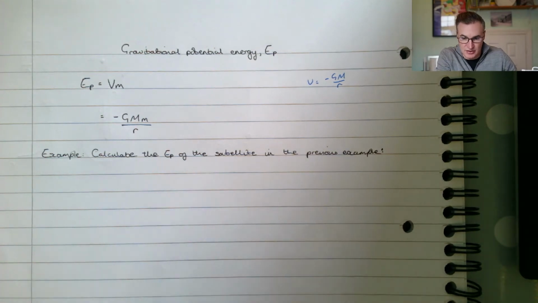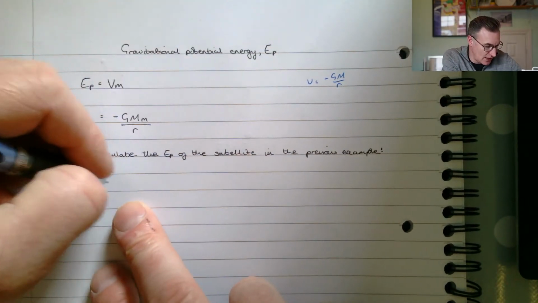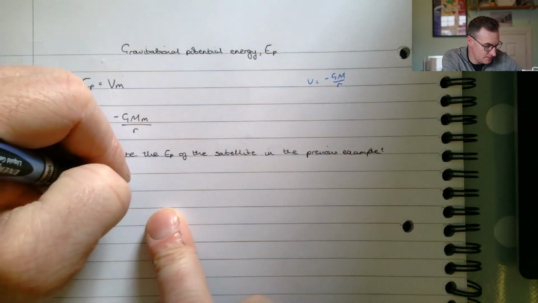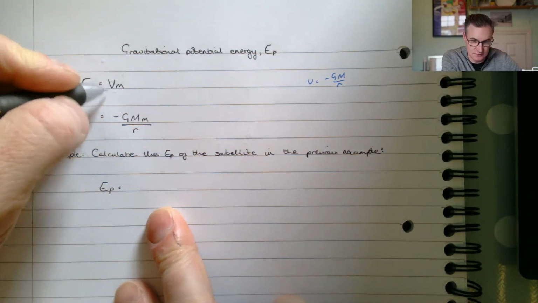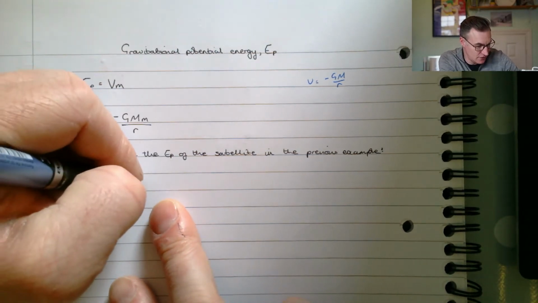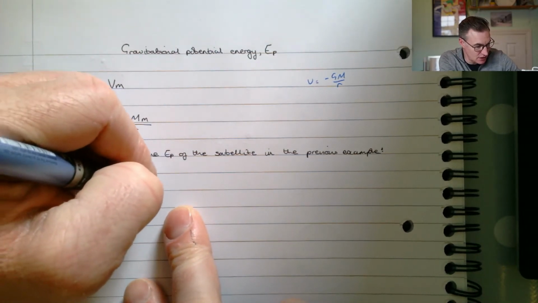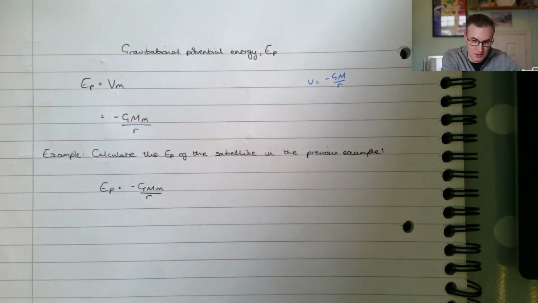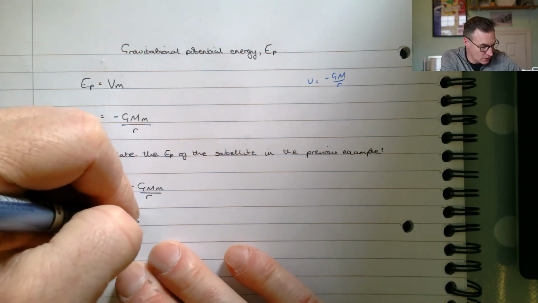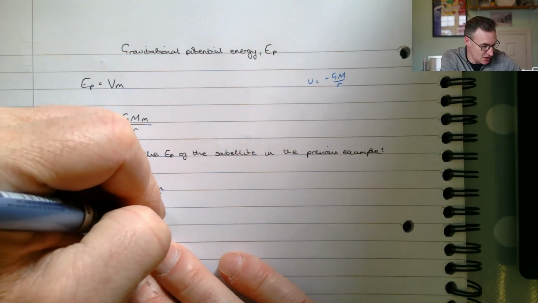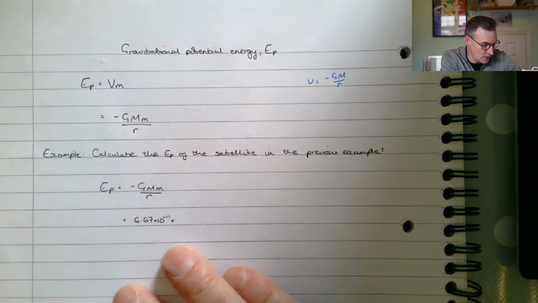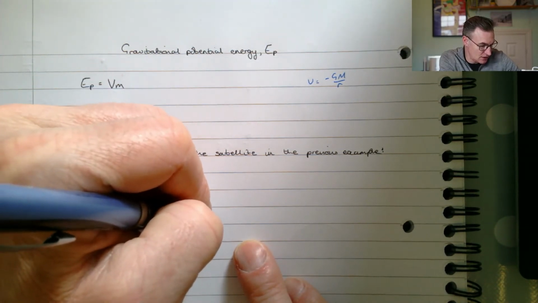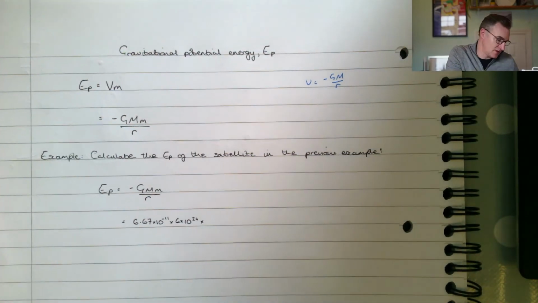EP is equal to, we can just say Vm, but just for thoroughness, I'm going to go minus big G big M m over R: 6.67 times 10 to the minus 11 times the mass of the Earth, 6 times 10 to the 24, times the mass of the satellite.